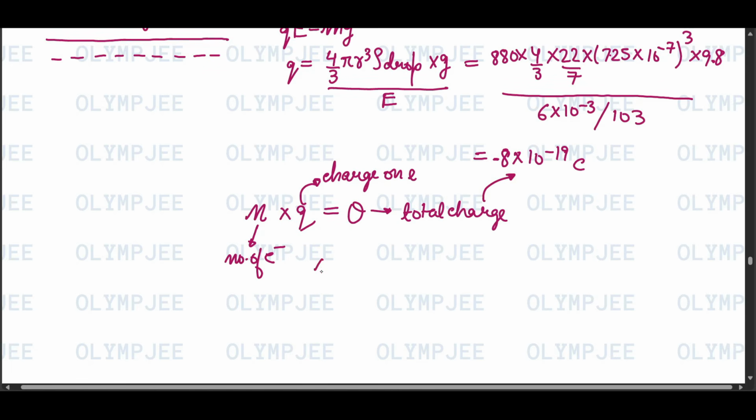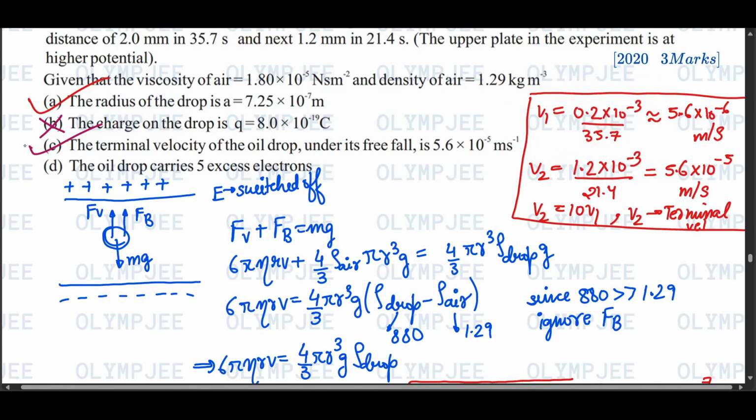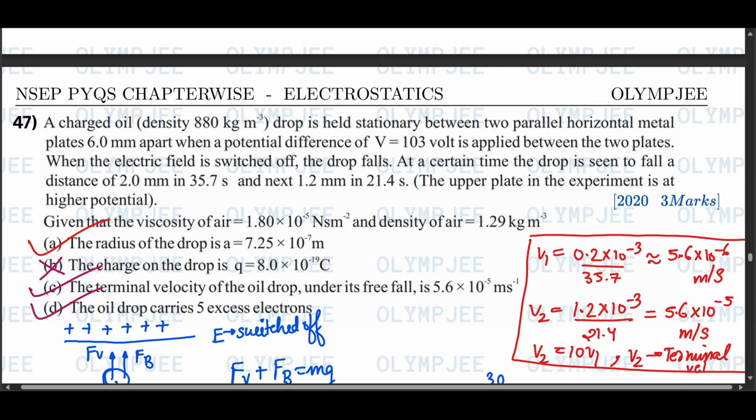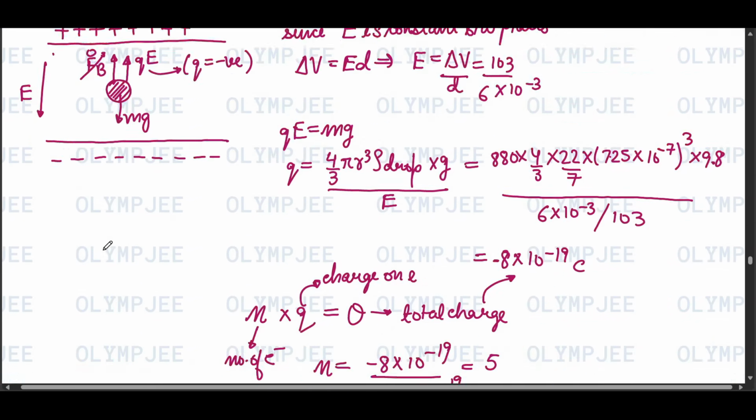So to get n, we can do this. From here we will get that the oil drop has 5 electrons, so option D is also correct. So 47 was actually a 6 marker question, and the answers are A, C, D.